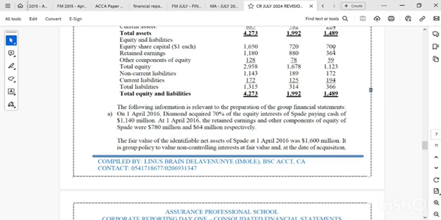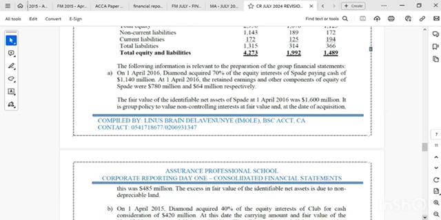At 1 April 2016, the retained earnings and the other components of equity of Spade were $780 million and $64 million, respectively. The fair value of the identifiable net asset of Spade at 1 April 2016 was $1,600 million.